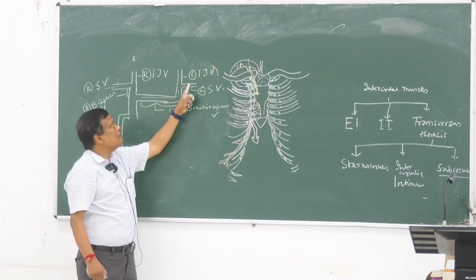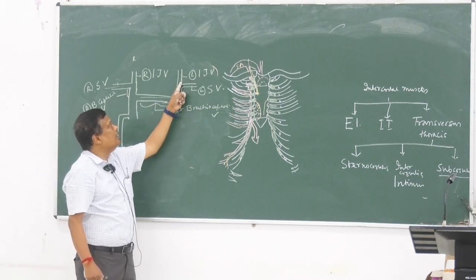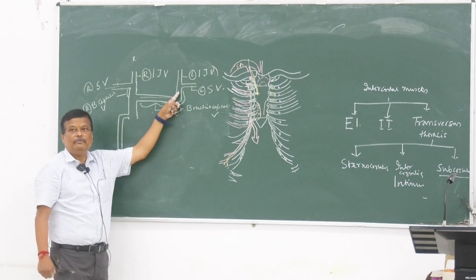Similarly, left side subclavian vein, internal jugular vein join to form the left subclavian vein.